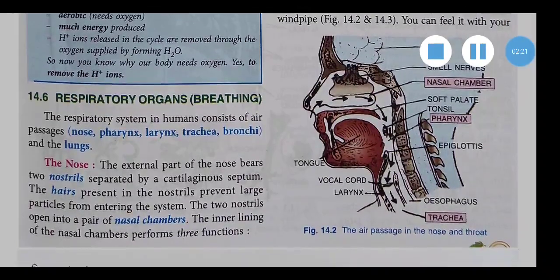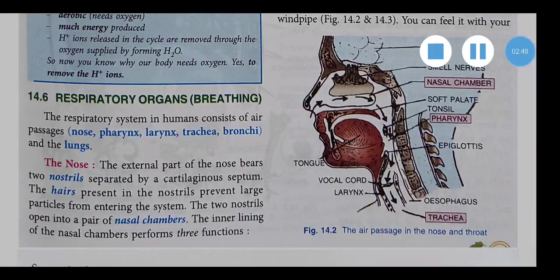In human beings, the respiratory organs consist of the nose, pharynx, larynx, trachea, bronchi and lungs. The nose is the external part of the respiratory organ, which consists of two nostrils separated by a cartilaginous septum.